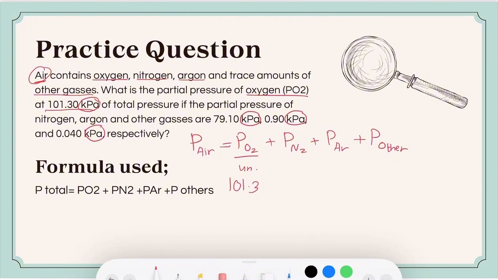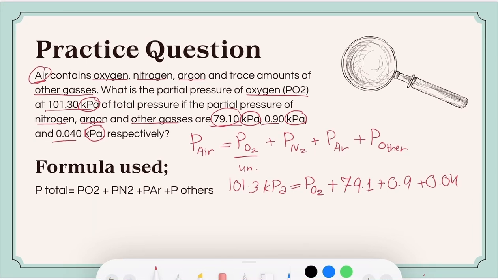So 101.3 kilopascal is equal to the partial pressure of oxygen plus nitrogen is 79.1 as stated here, because it said nitrogen, argon, and other gases. So this is nitrogen. Then argon is 0.9 plus 0.04.